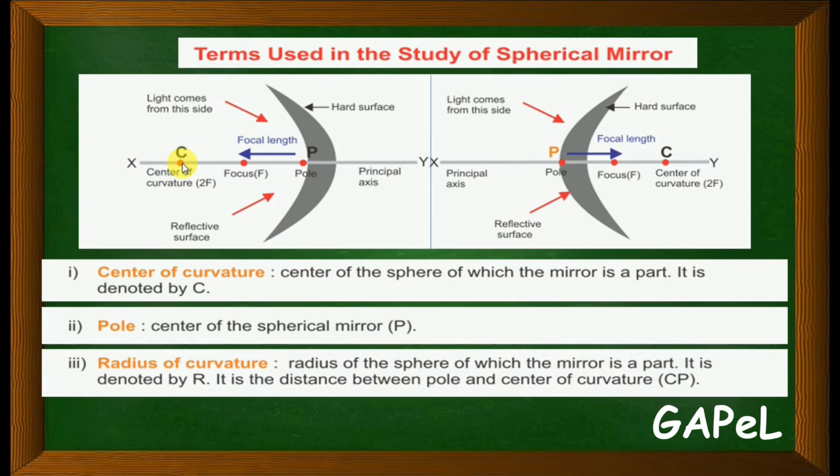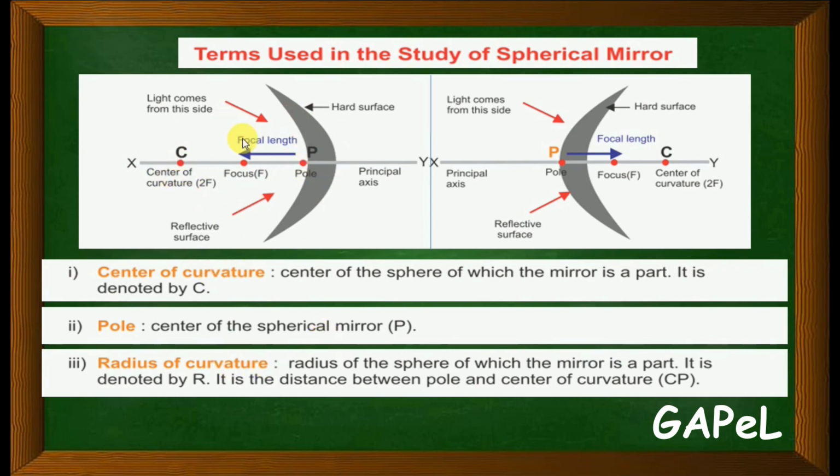So if this is a hollow sphere, then this is the center. From the center to the pole, half of the full diameter, C to P becomes the radius of curvature.